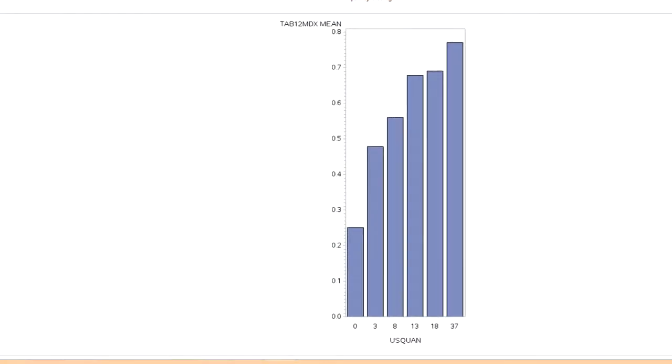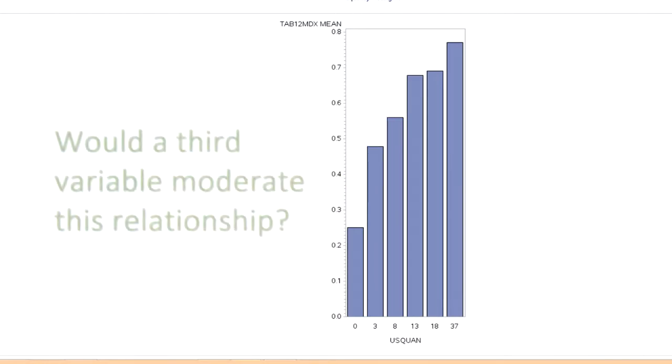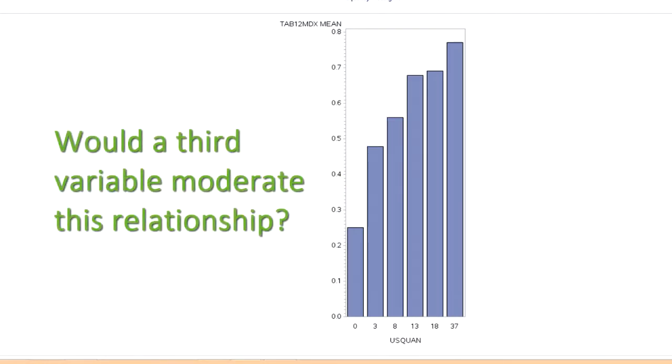And this gives us the graphic representation of this positive linear relationship. As smoking quantity increases, so does the proportion of individuals with nicotine dependence. This finding is accurate with regard to the larger population of young adult smokers. But might a third variable moderate the relationship between smoking quantity and nicotine dependence?